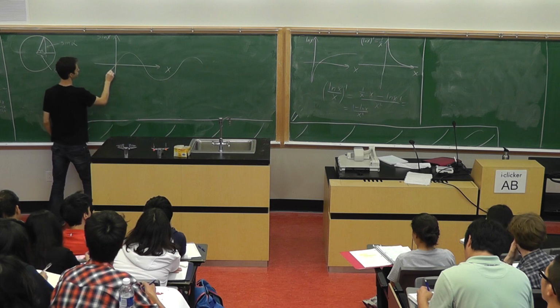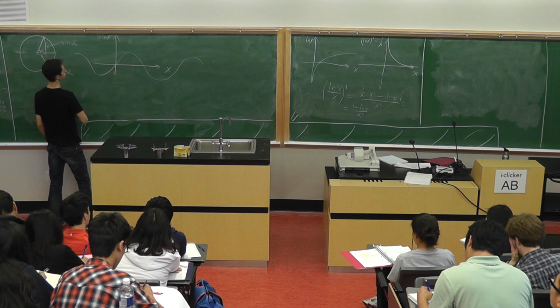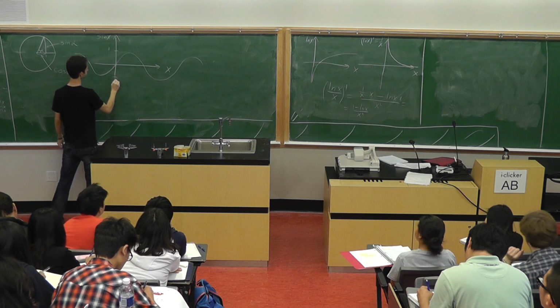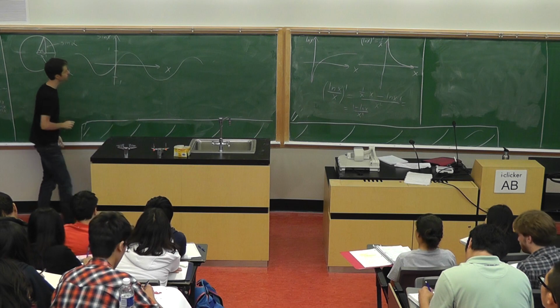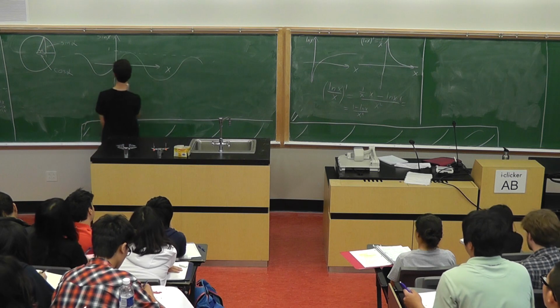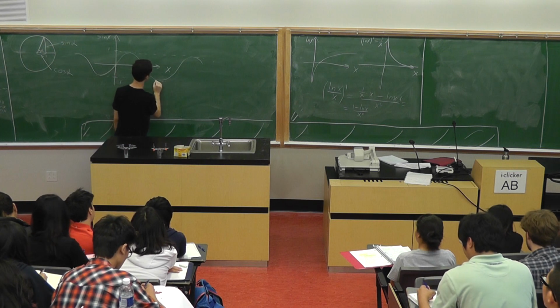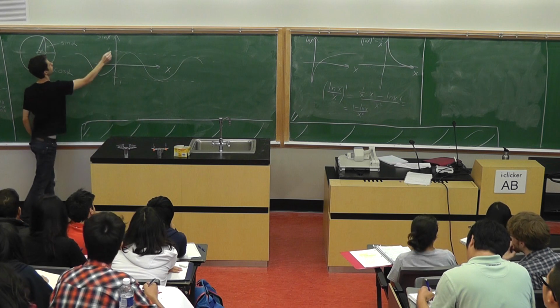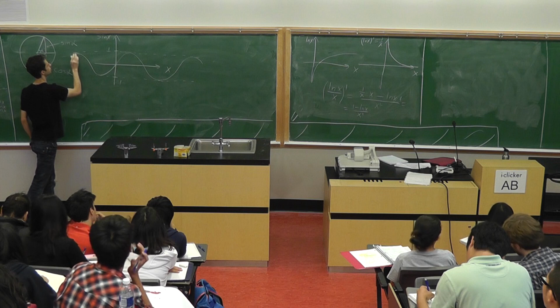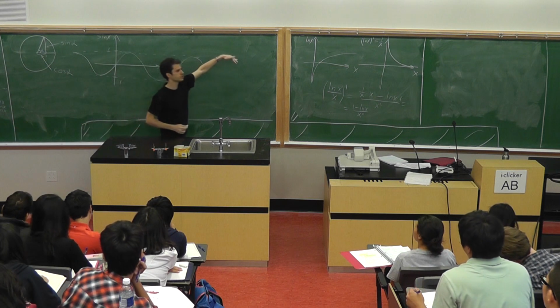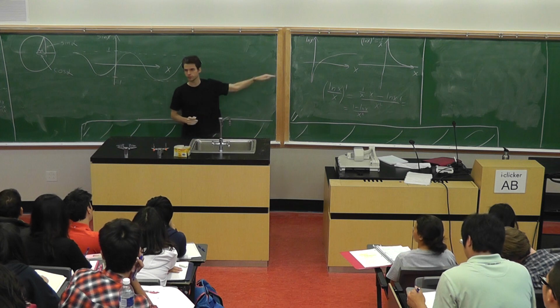And it continues in this way to the left as well. These heights are of course 1 and negative 1. So here we have peaks of sine and minimum of sine. So it continues in this way all the way to infinity.